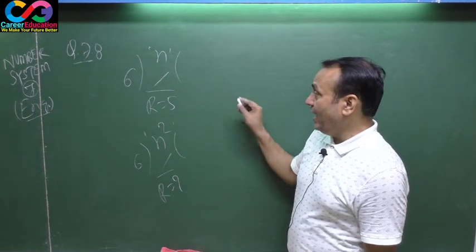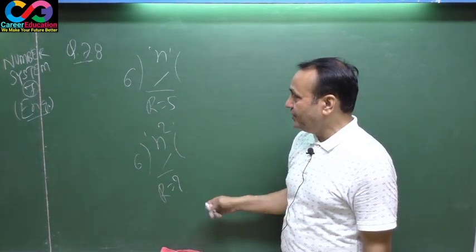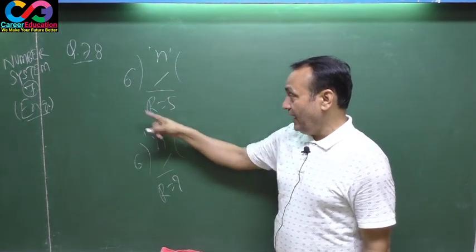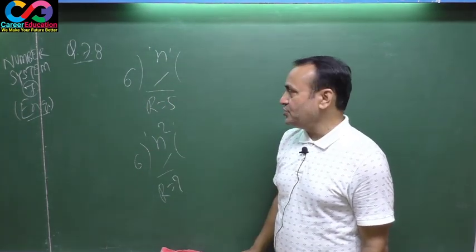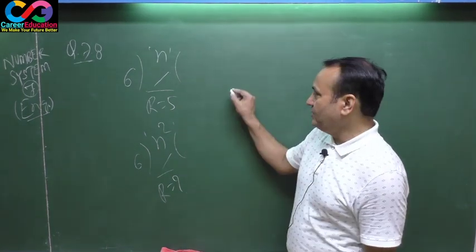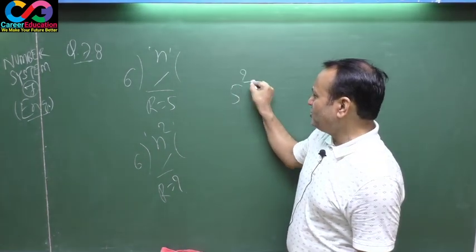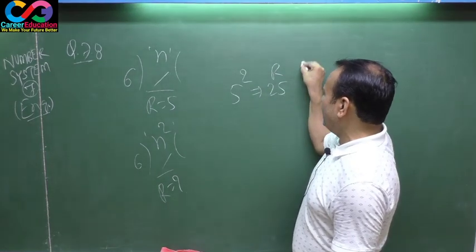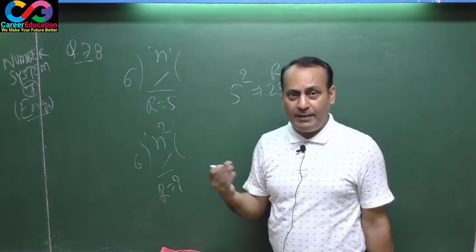That's why you have to square your first remainder. Since your dividend has been squared and the divisors are the same, your remainder must be squared. The first remainder was 5. This must be squared. This is 25. This is your remainder. This could have been the answer.